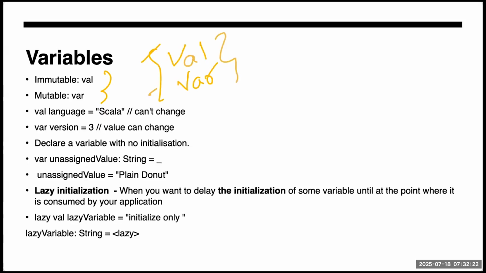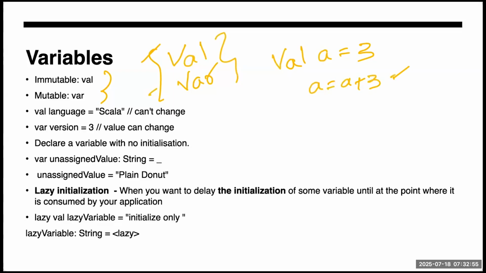If you write val a equal to 3, and then try to do a equal to a plus 3, this will give you an error, because it can't be changed.